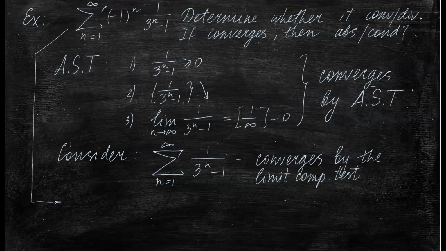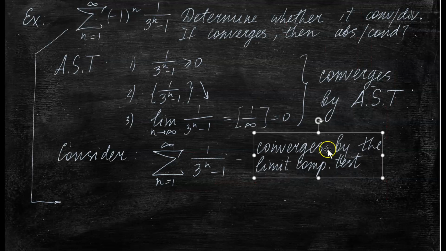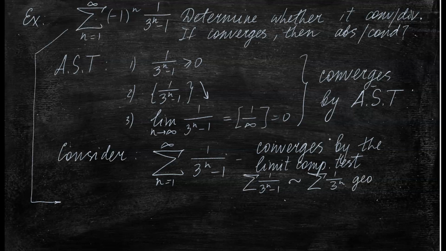And if you want to actually do all the work to convince yourself, we would compare this series with this series, which is a geometric series with the common ratio of 1/3, which is less than 1, and therefore it converges.